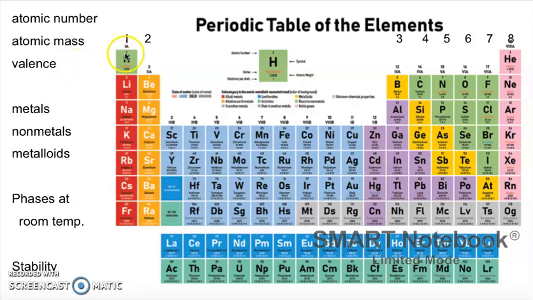So whenever you have valence number, it's pretty easy to see. All of these in this column have a valence of 1. All of these have a valence of 2. Skip over all these metals. All of these have a valence of 3, valence of 4, valence of 5, and so on. That represents the number of electrons in its outermost electron shell. Its outermost electron shell.